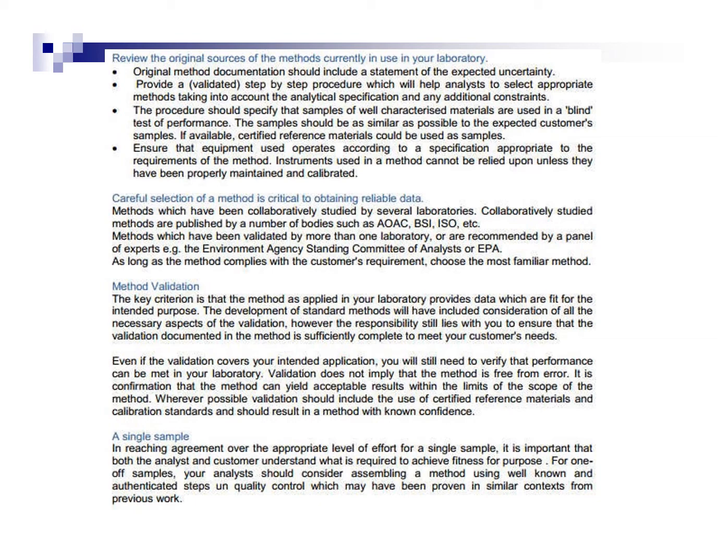So the instrument should be maintained properly and calibrated daily. Careful selection of the method is critical to obtain reliable data. That's why you have to carefully pick the right method when we do a test. But you need not worry.